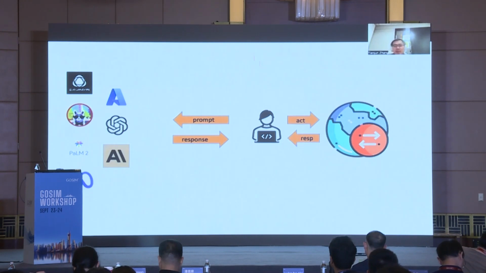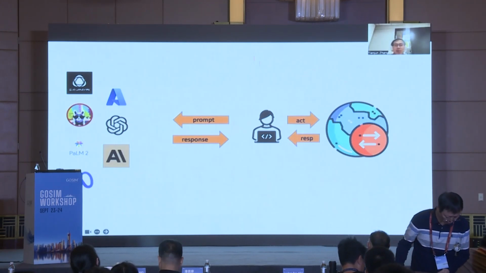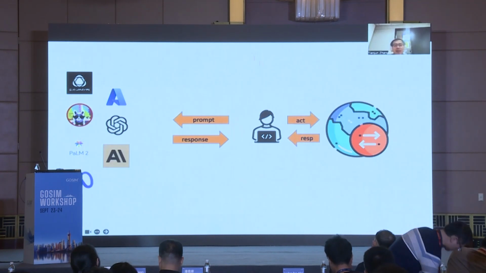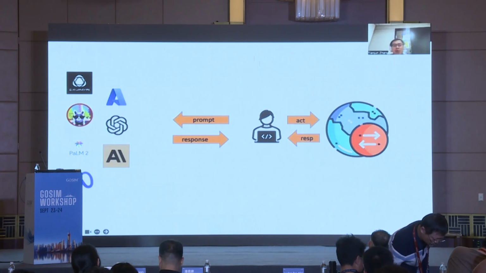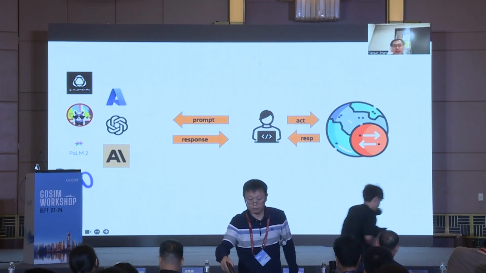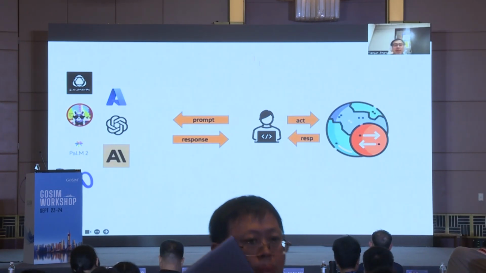Let's take an example first. Imagine I want to order some takeout food from either Uber Eats or DoorDash. And then I go ask the language model, does Uber Eats or DoorDash provide an API that can allow me to order food from a specific, let's say, Chinese restaurant. And the language model could respond with a single command for me.